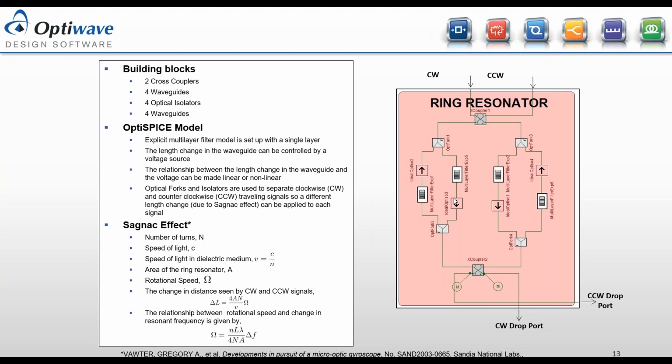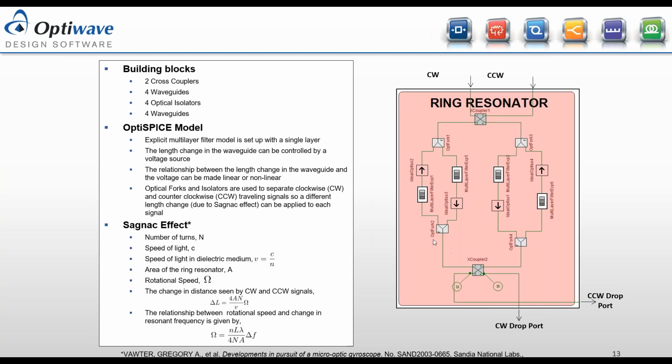And we would like, for the signal going one way, the change in length to be positive, and for the signal going the other way, the change in length to be negative.